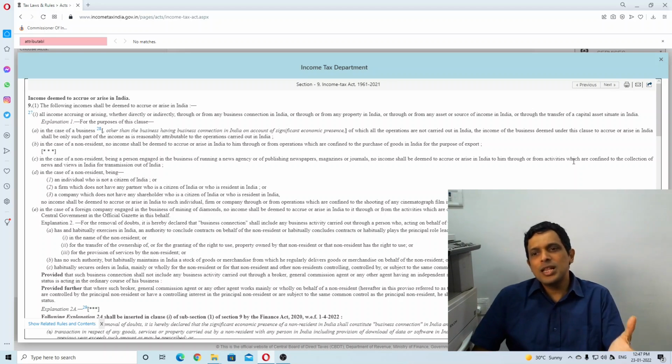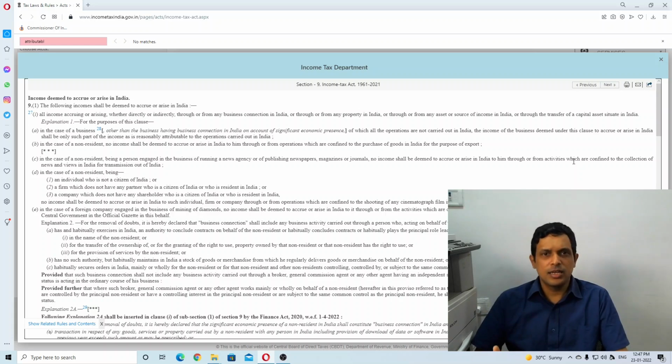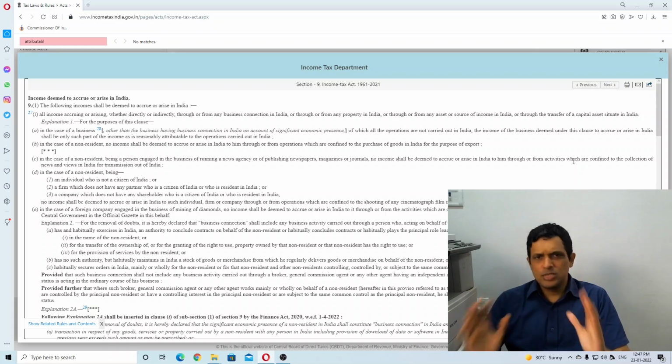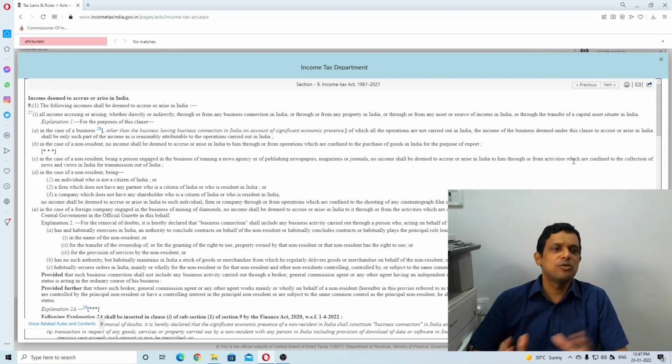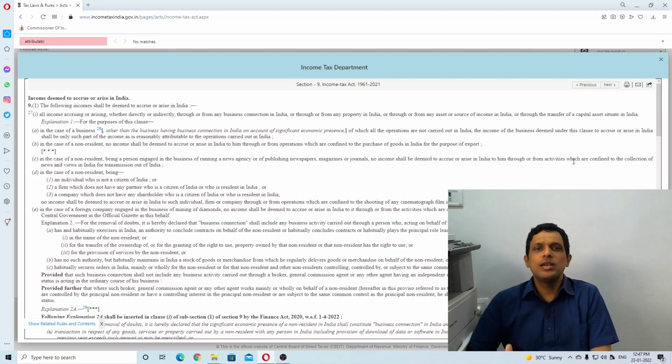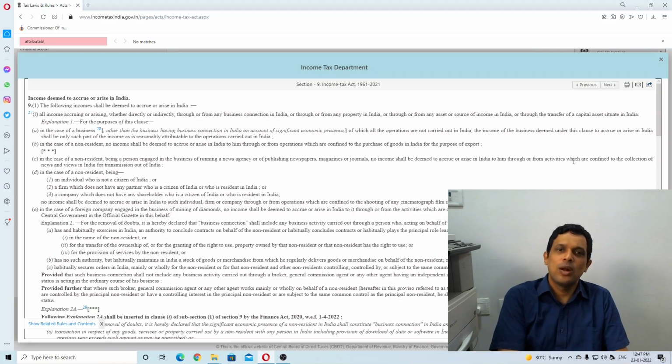If you look at the double taxation avoidance agreements, the DTAs entered into by India and other countries, which we will go into in much more detail in other videos, you will see pari materia Article 7 and Article 5. Article 7 is similar to 9.1.1 and Article 5 talks about permanent establishment, and here 9.1.1 explanation 1A talks about operations carried out in India.